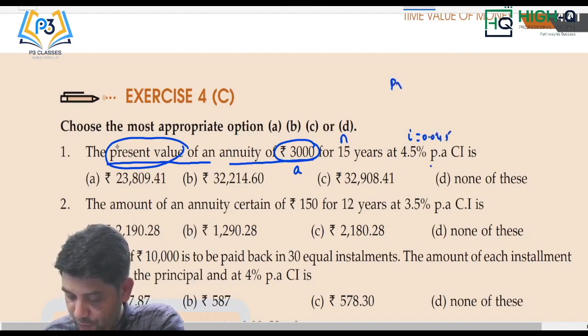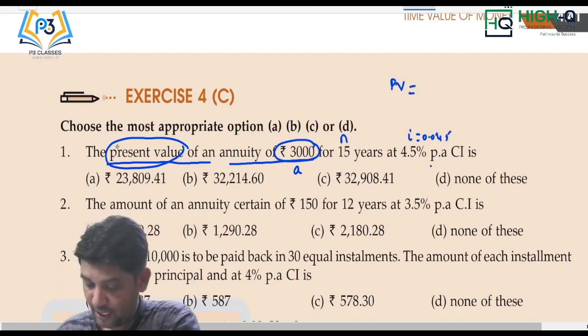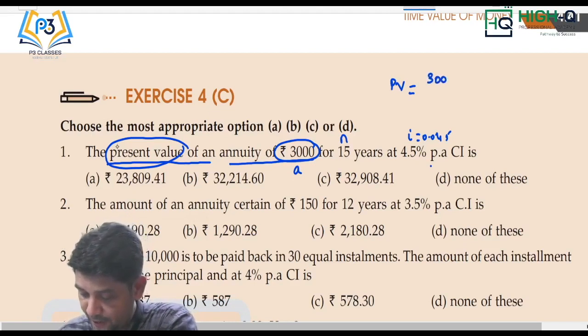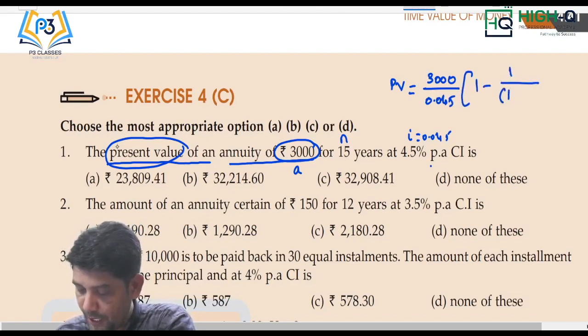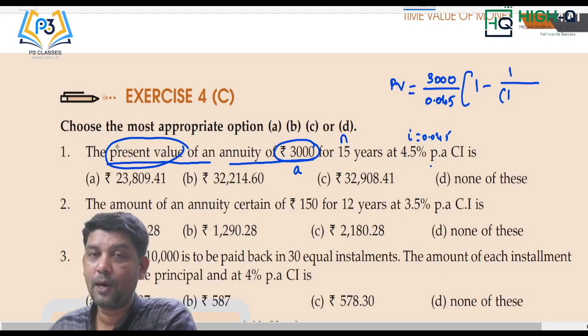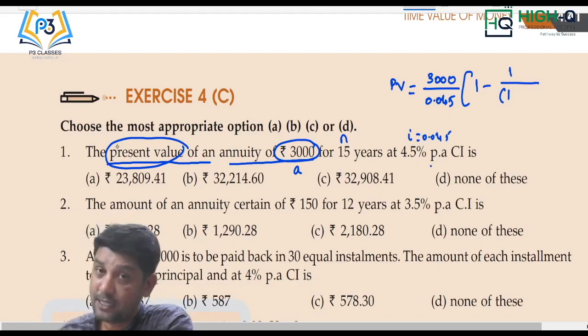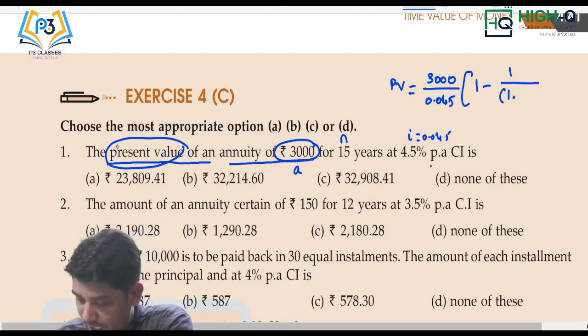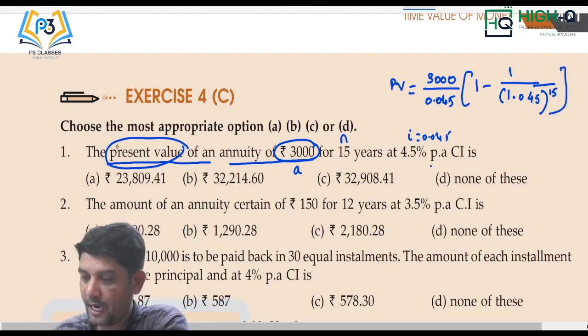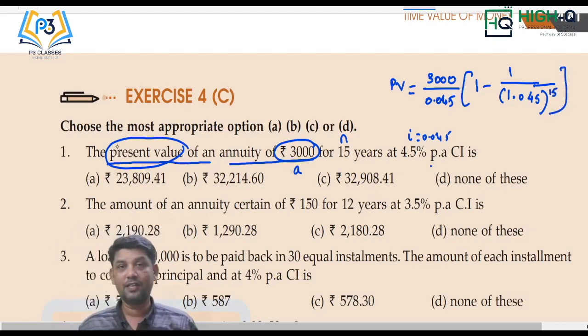So the present value formula in one line is A by I into (1 minus 1 by 1.045 whole power n), where n is 15. Am I clear, my dear? Once you have written this, your problem is solved.